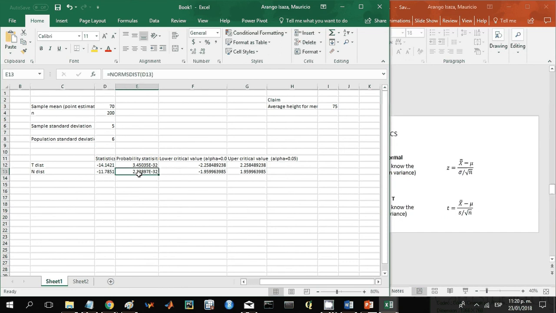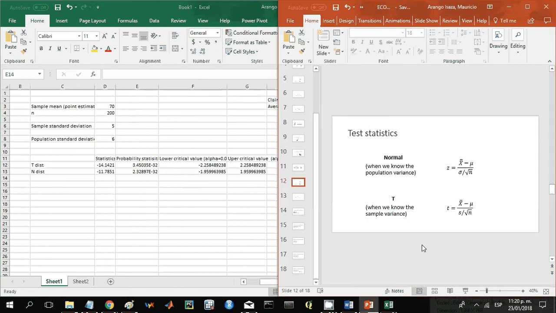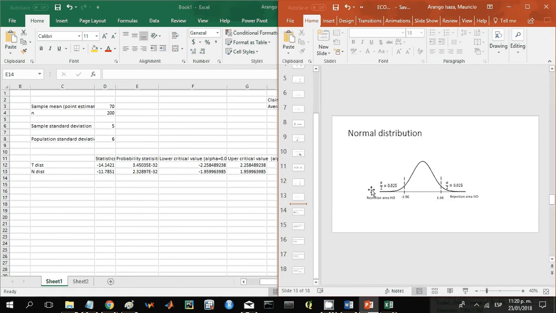The probability for that is going to come out of using this normal S distribution over the statistic that you just calculated. And this number is going to be very small, clearly less than 5%. And that is going to tell me that I'm going to be in the rejection area, somewhere around here.